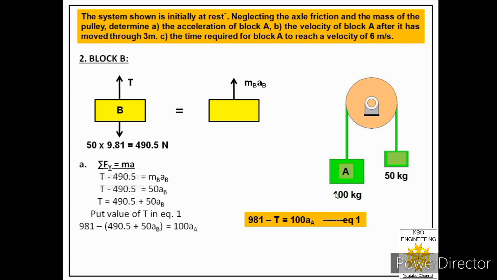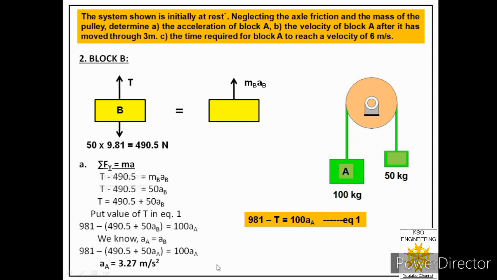That means the magnitude of the acceleration of block A will be equal to the magnitude of acceleration of block B. So in the above equation, we will replace acceleration of block B by acceleration of block A. This equation will reduce to 981 minus 490.5 plus 50 aA is equal to 100 aA. Now we have only one unknown, the acceleration of block A. So we can solve this equation and we'll get the acceleration of block A as 3.27 meter per second square.